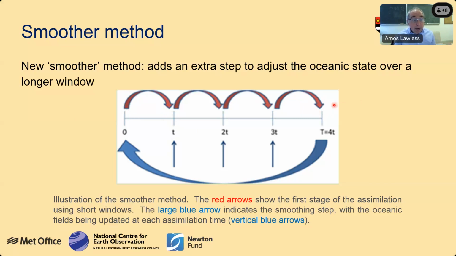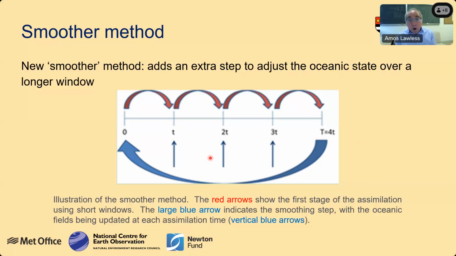And then we take the analyses from here, the ocean analyses, and we recalculate the innovations of the ocean with respect to the analyses we produced. And then we do a minimization of just the ocean cost function over the whole time window.